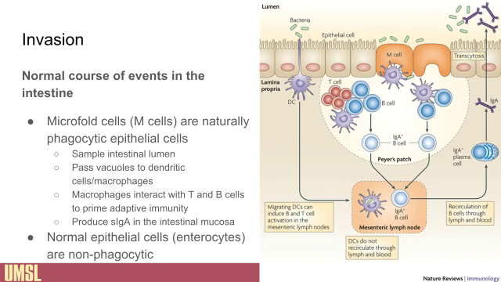Okay? So if you have to distill all of this down to two things, one, the vast majority of cells in your epithelial tissue, these enterocytes, are non-phagocytic. So they're not taking things up. They're just basically a physical barrier between what you eat and the connective tissue underneath, the vascular tissue and lymph tissue that's underneath in your gastrointestinal system.